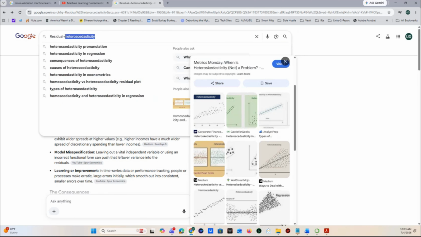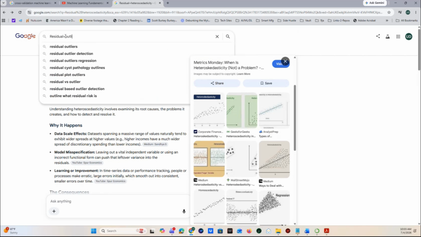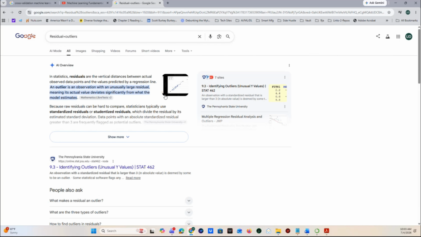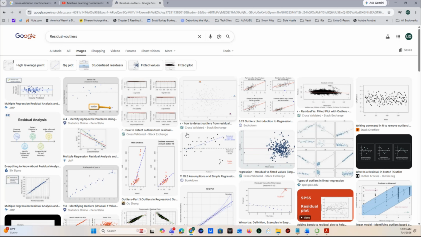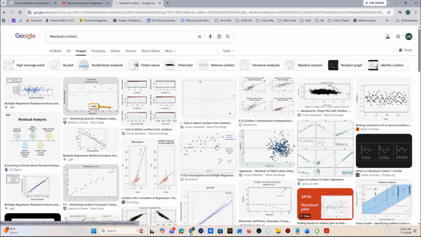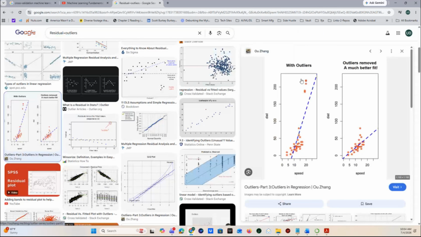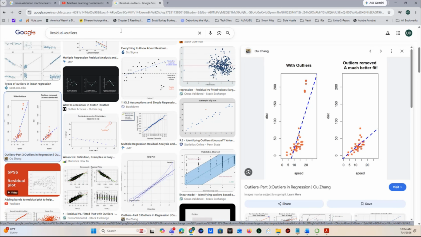Let's look at an example of an outlier. This is an example of a huge outlier. Everything seems to be calculating around here. This is a huge outlier there.